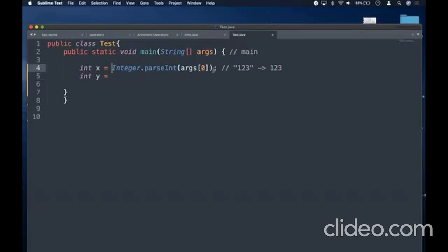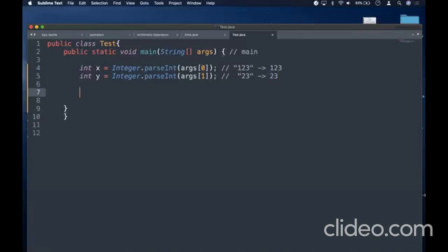Let me copy paste this. So y is args of 1, the second value. For example, if I give the value, let's say 23, it will be represented as a string initially because it is args of 1, then it will be parsed to the integer 23.